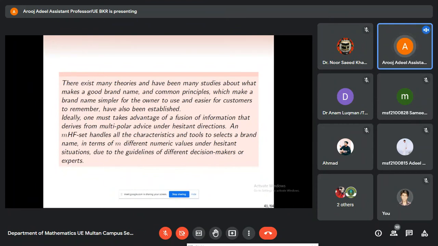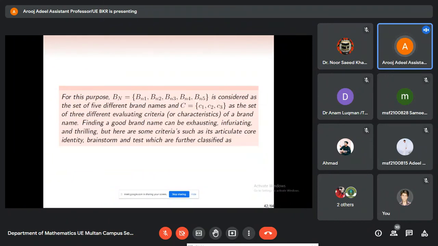An M-polar hesitant set handles all the characteristics and tools to select a brand name in terms of M different numeric values under hesitant situations, due to the guidelines of different decision makers or experts. For this purpose, we choose a set of 5 different brand names, which is given in this form, with a set of 3 different evaluating criteria, which is given in this form.